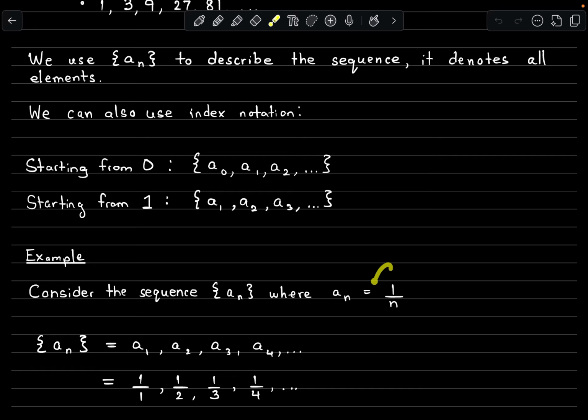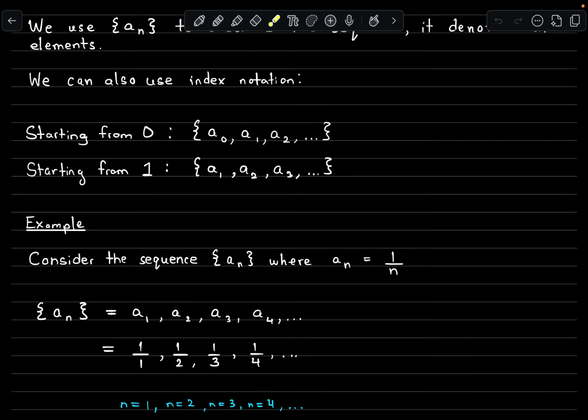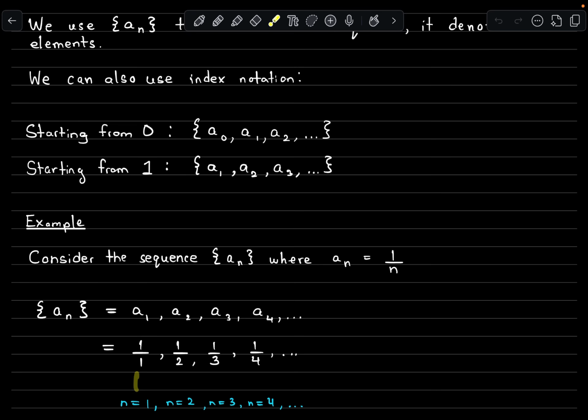If we use this formula to expand this, the first term is 1 over 1. The second term is 1 over 2, 1 over 3, 1 over 4, and so on. You can simplify these if you like. I'm just keeping them in this format so we can see how every term is related to the index: n equals 1, n equals 2, n equals 3, and so on.